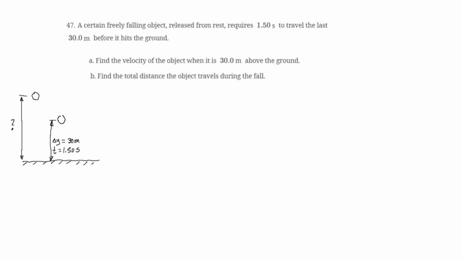Now, what are we supposed to calculate first? We want to calculate the velocity of the object when it moves exactly here, 30 meters above the ground. And then I will call this velocity initial velocity, because it's just the velocity the object had at that point, 30 meters above the ground.